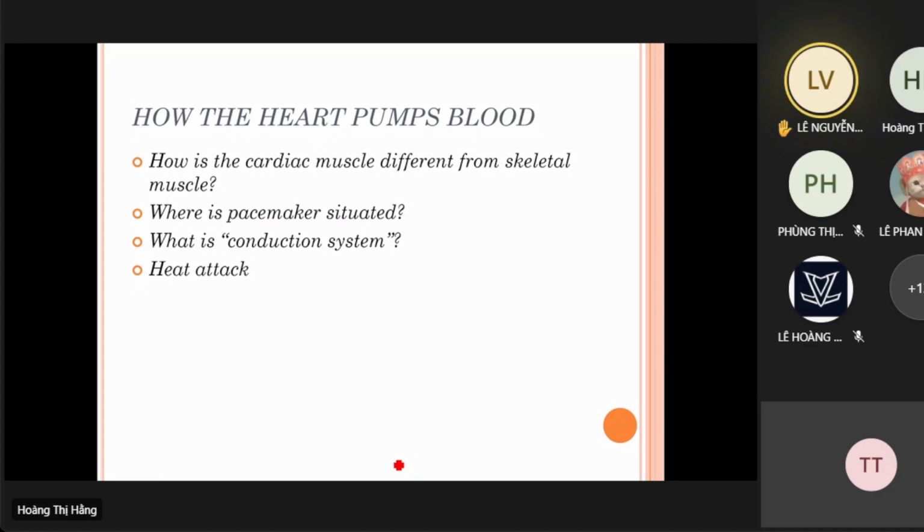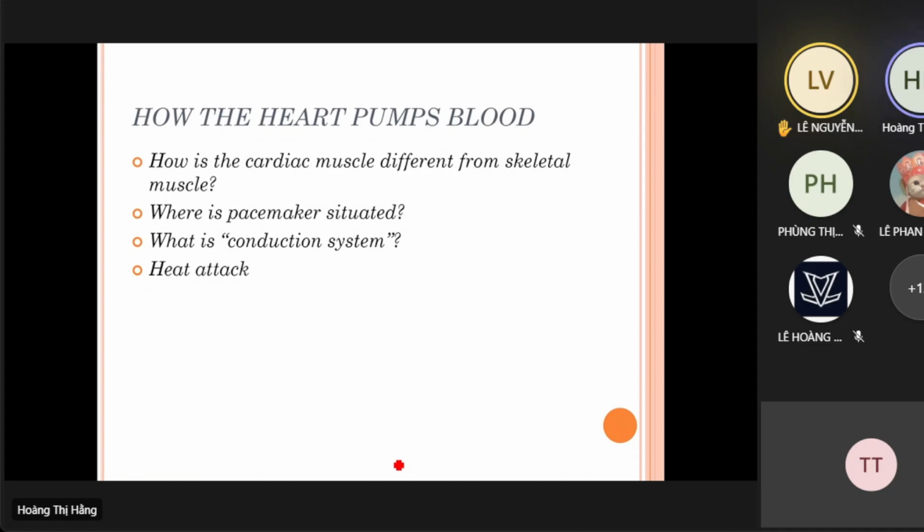The conduction system makes sure that the cardiac muscle fibers contract all at the same time thanks to the SA node sending the signals.